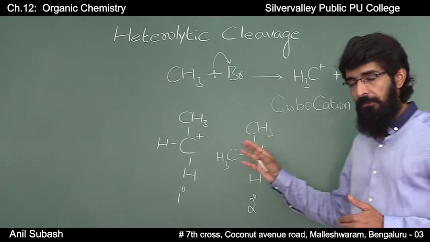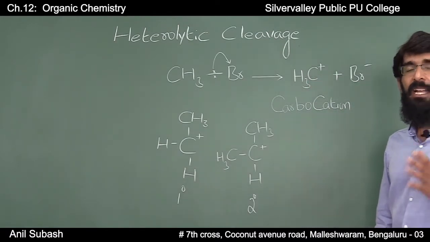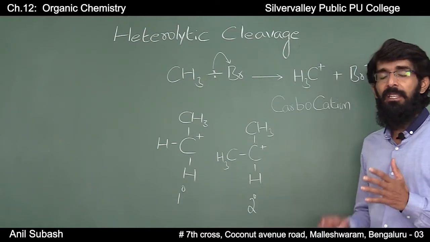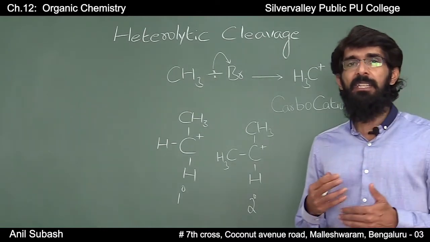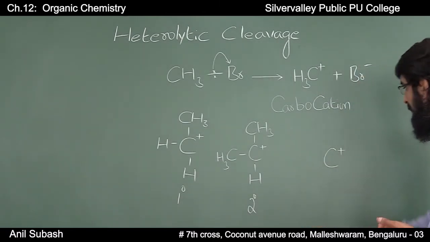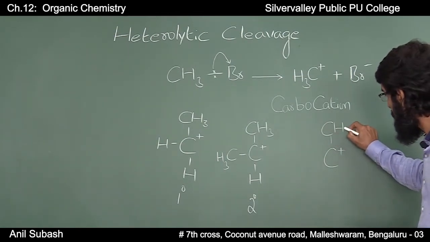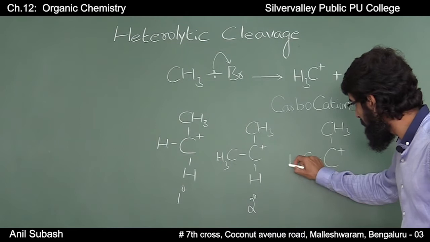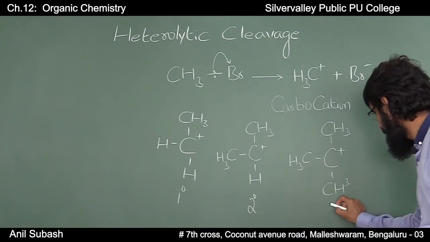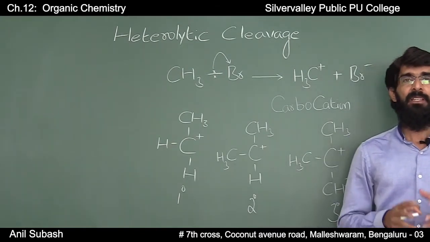Similarly, if the carbon carrying the positive charge is attached to 3 other carbon atoms, then it becomes a tertiary carbocation. That is, you have a carbon carrying a positive charge, and if it is attached to 3 other carbon atoms, as in this case, then it becomes a tertiary carbocation.